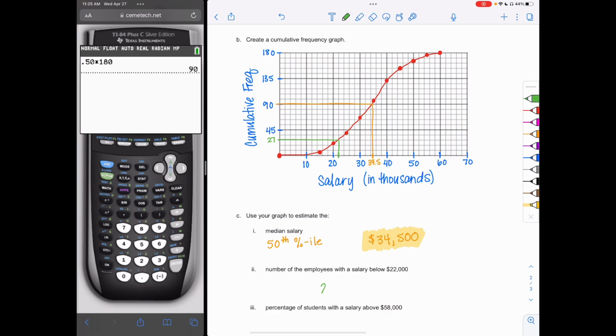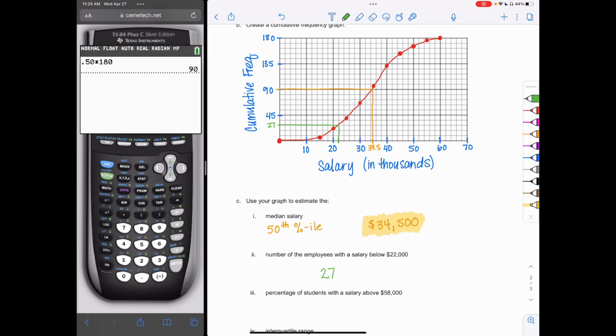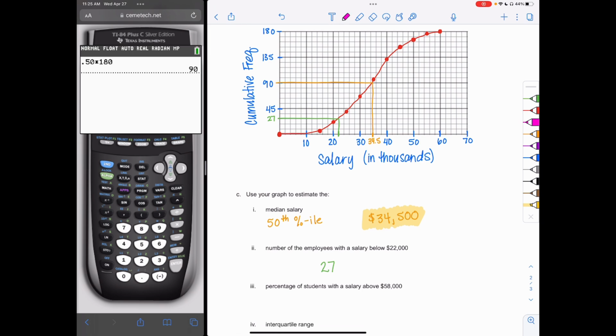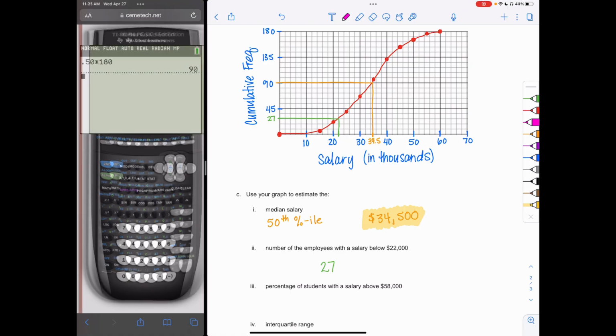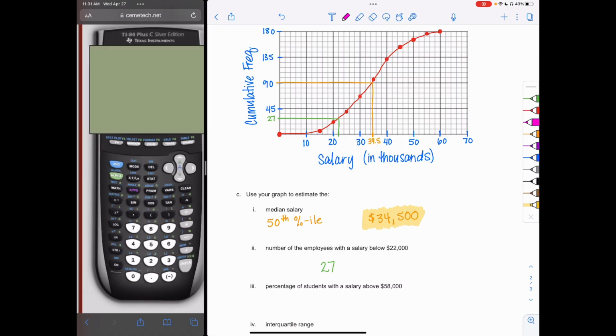So the number of employees that make less than 22,000 is 27. All right. Next, we want to find the percentage of students with a salary that is above $58,000. So what I need to do here is go to 58,000 on the x-axis, which is right before the 60.